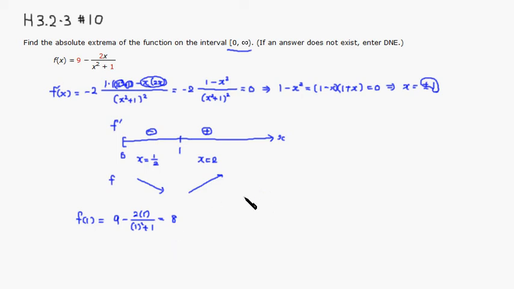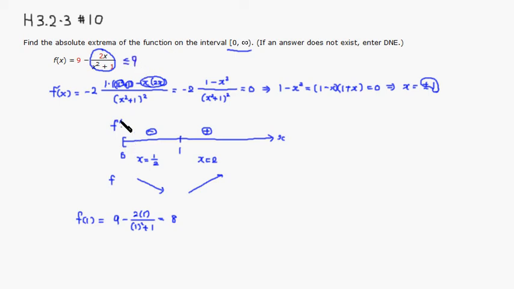The highest value is going to be this. This one is a little tricky. It's going to be either at 0 or somewhere over here. But you can see that this function is always less than or equal to 9, because this quantity right here is always non-negative. So the largest value is going to be 9.